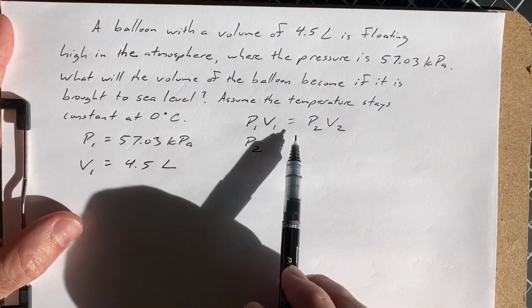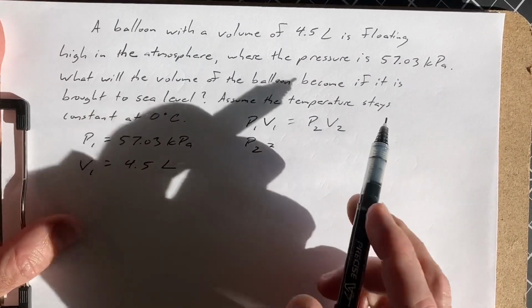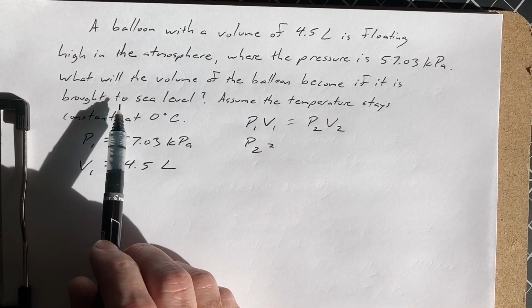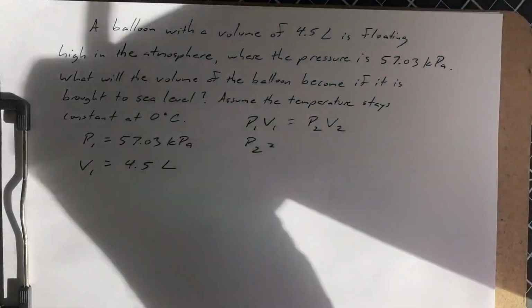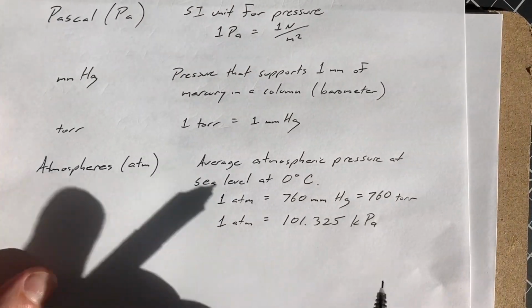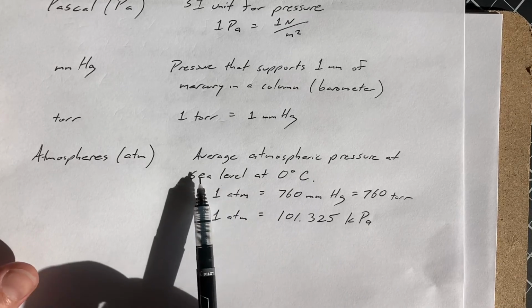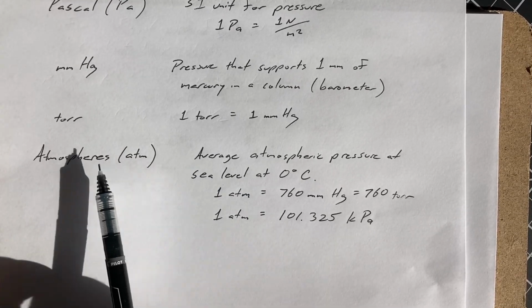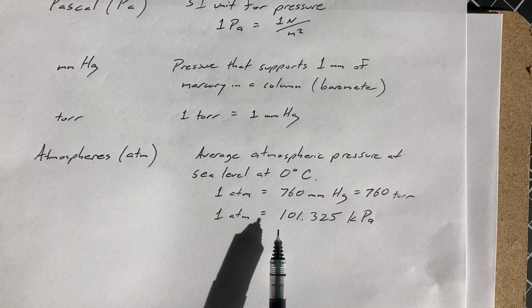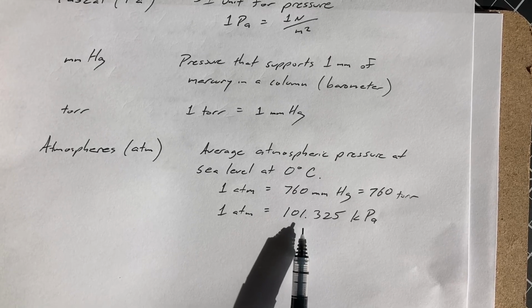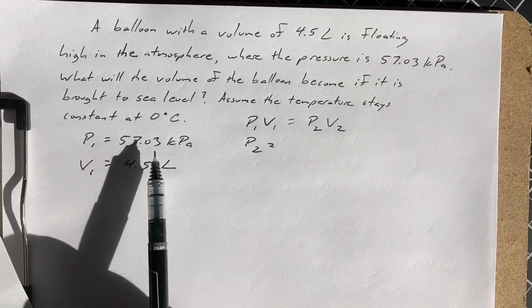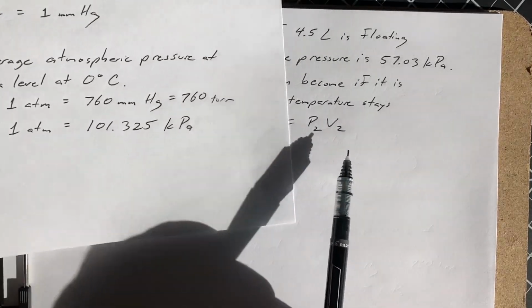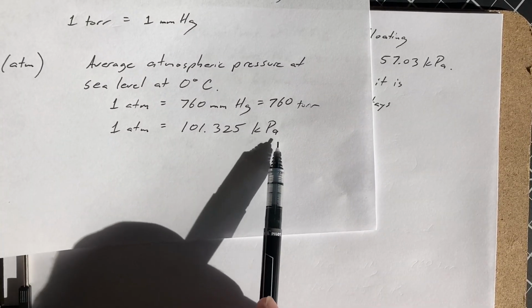We do know our final pressure because we know it is going to be brought down to sea level, and we know what the pressure is at sea level. Look at that previous sheet of paper. At sea level, at 0 degrees, the pressure is 1 atmosphere, and 1 atmosphere is the same as 101.325 kilopascals.